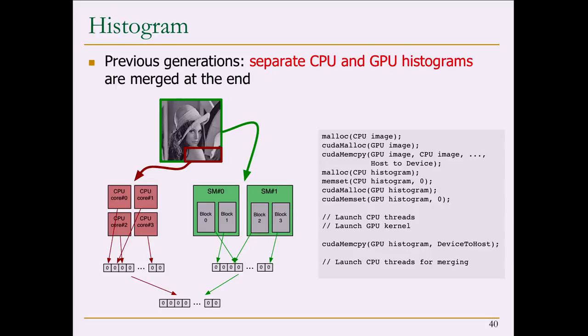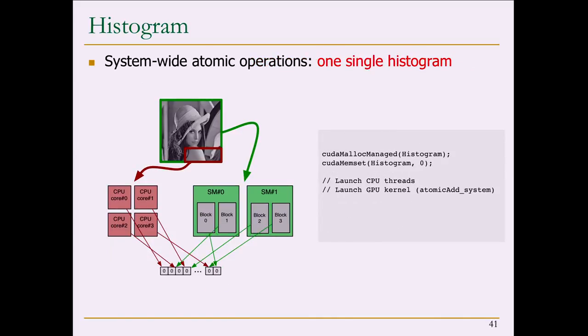This is simple. This is actually quite easy to write, but it can be even easier if we use unified memory. Because in unified memory, we just need to allocate the image once and the histogram once. We launch the CPU threads, we launch the GPU threads, and they start reading input pixels.